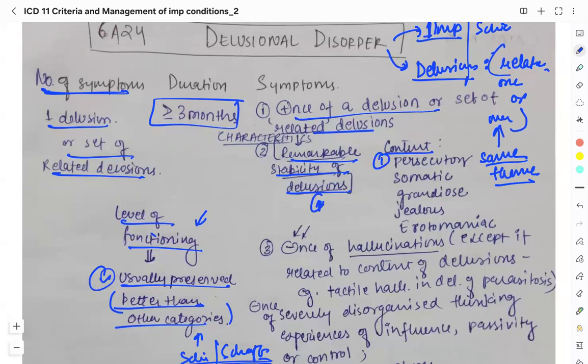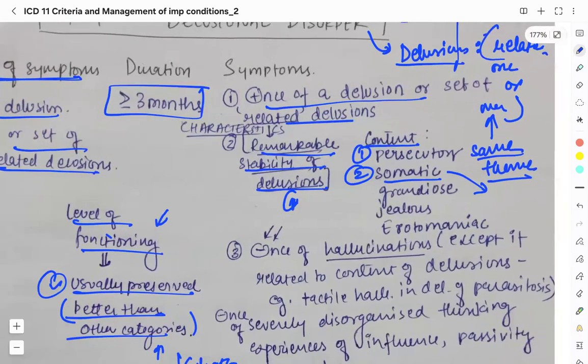It could be persecutory, it could be somatic. Somatic means they may say, like a nihilistic kind of delusion, that I can feel there is nothing present in my body, all my organs have rotted, and I am going to die, and I can hear God calling me. Everything will be related.